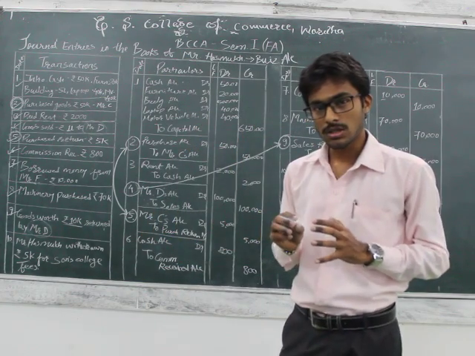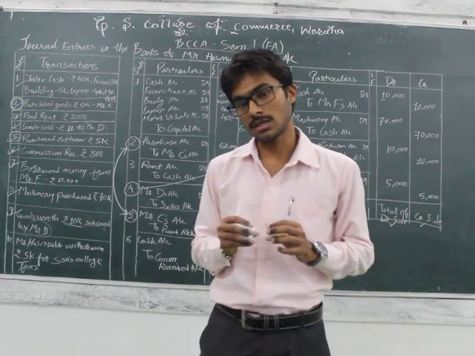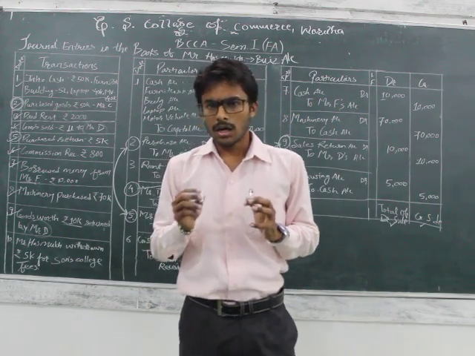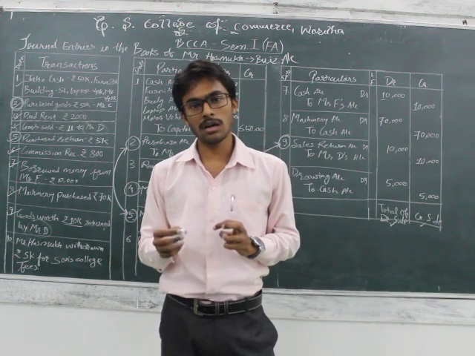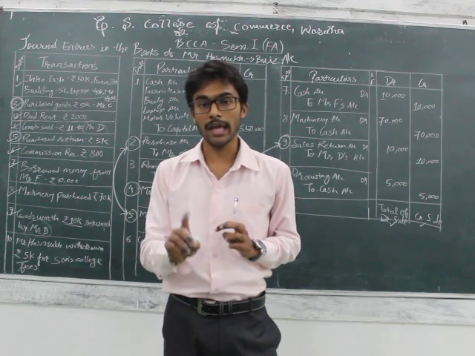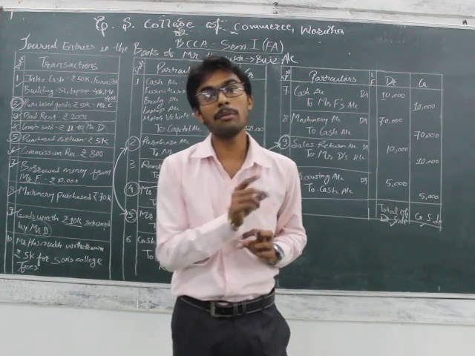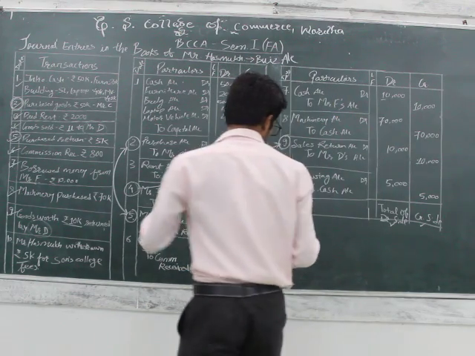So loss by fire means this is extreme loss for business, and the account for loss is a nominal account. Why? Because nominal account deals in expenses and losses, income and gains. So debit all expenses and losses, so loss will be debited. So how can we make the entry?